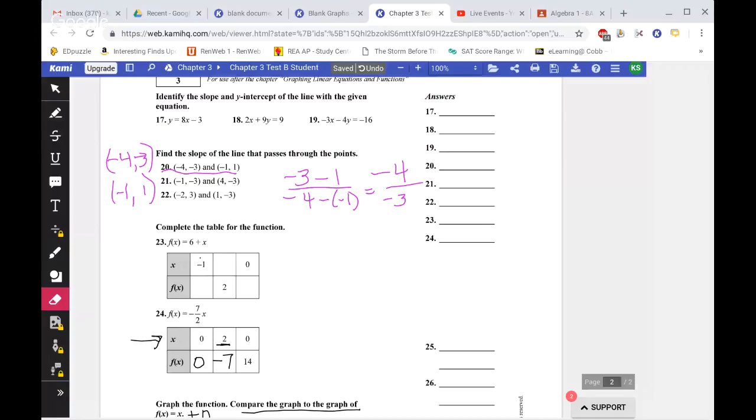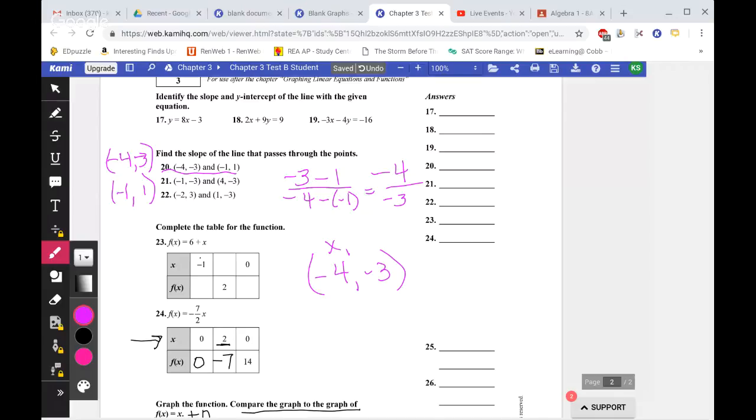Now, someone asked, how do you label your points? It really doesn't matter how you label your points. Honestly, you're going to get the same thing. If someone made this X1, Y1, and this X2, Y2, it wouldn't make any difference. You're still going to get the same answer as if somebody else did this one as X1, Y1, and this one as X2, Y2.